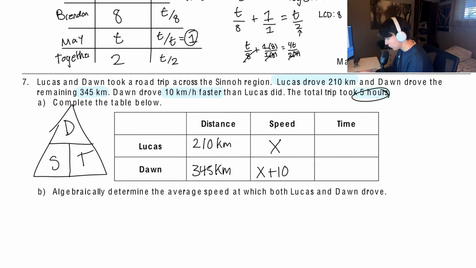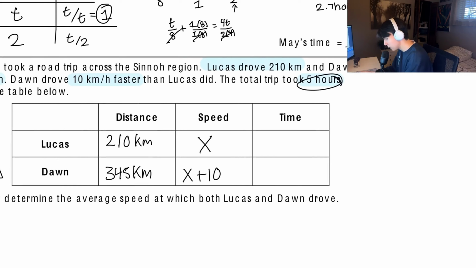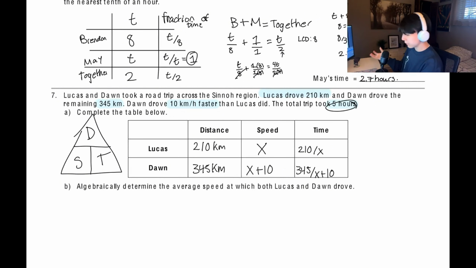So for Lucas, we have our distance, which is 210, and we divide it by our speed, which is X. For Don, we have 345, and we divide that by X plus 10. And that is our time. You're probably wondering where this 5 hours comes in, right? So now, this is the equation that we're going to make.